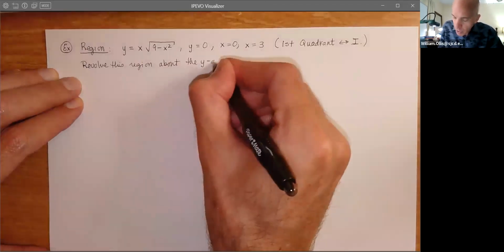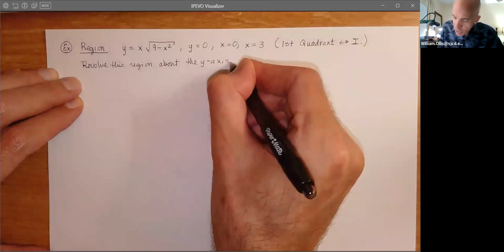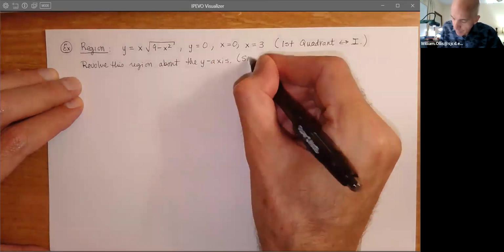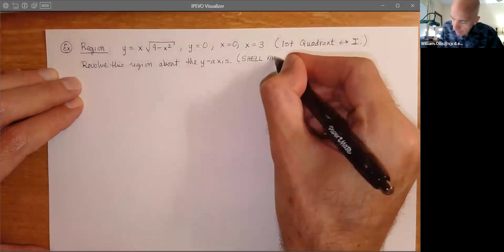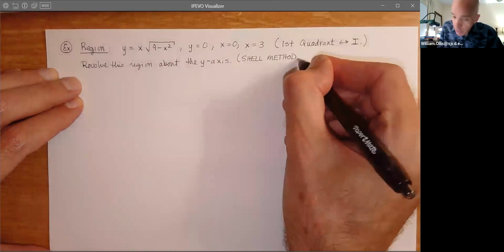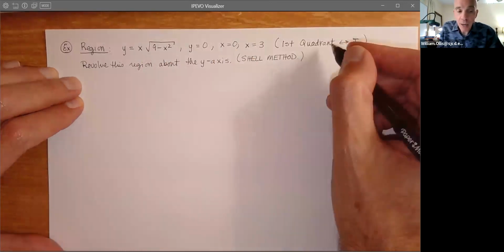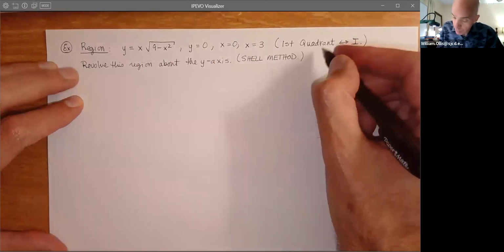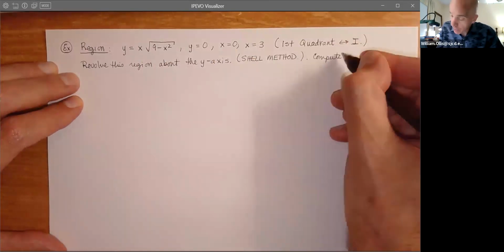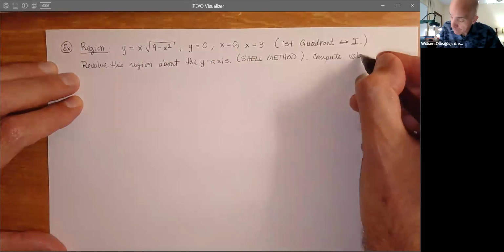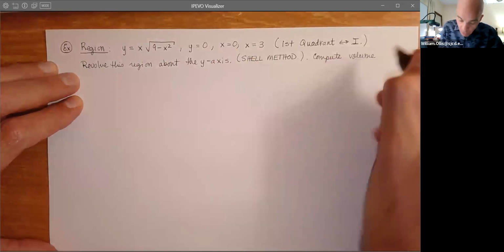And so what we're going to do, so we get a nice formula, is use the shell method. And then, of course, compute the volume of the solid of revolution.